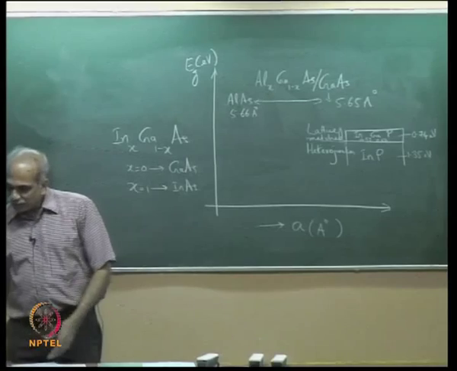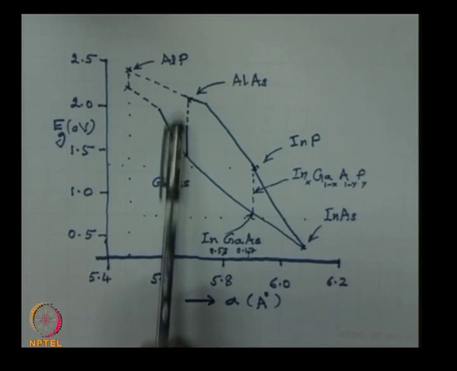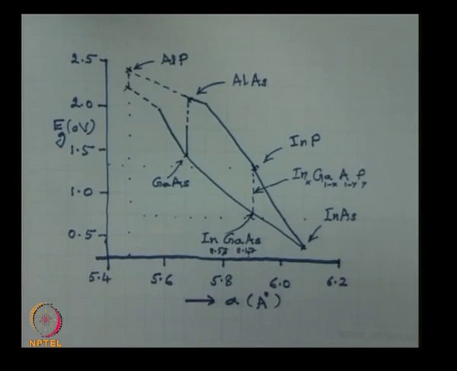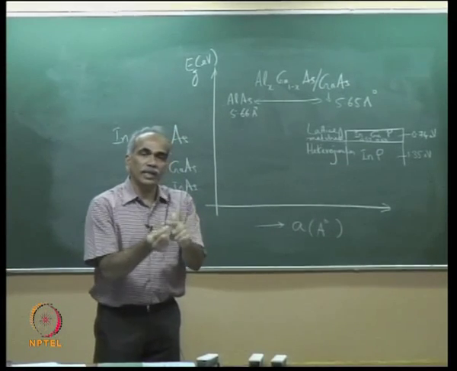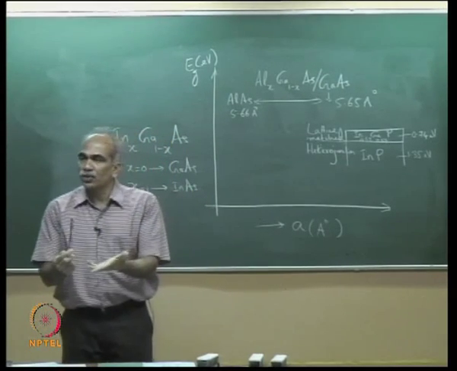Therefore, this line which you see here is almost vertical, simply a vertical line linking gallium arsenide to aluminum arsenide. And any composition remaining on the vertical line indicates that it is lattice matched to the substrate.